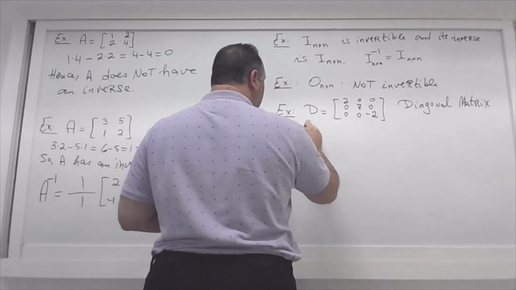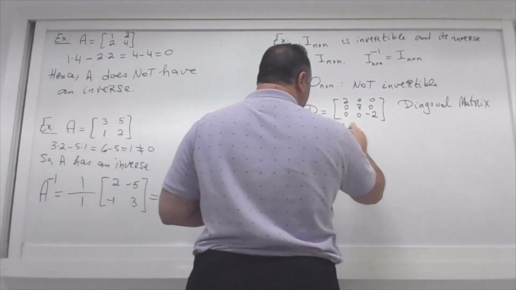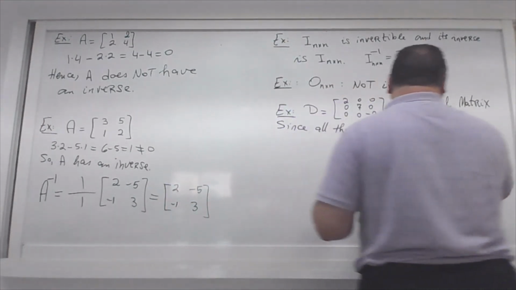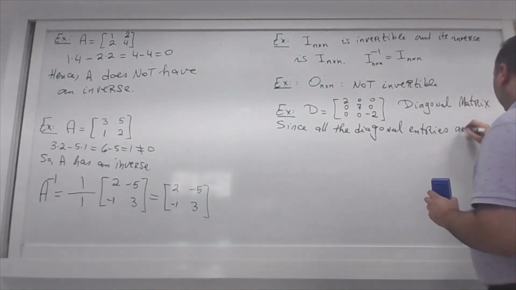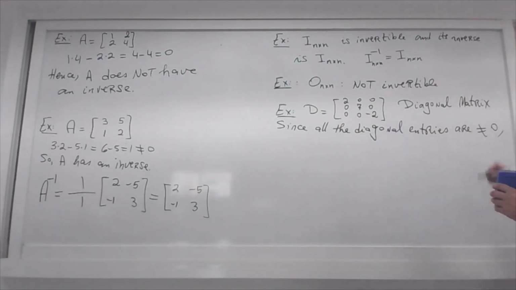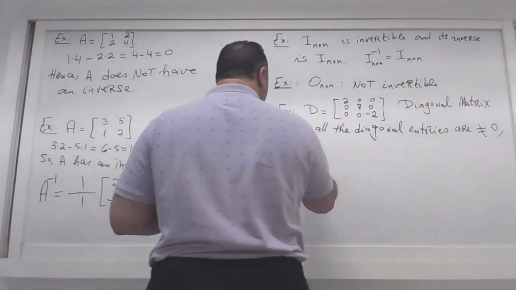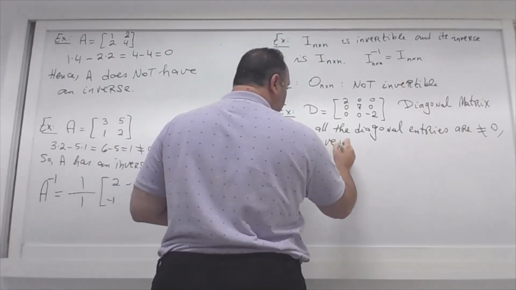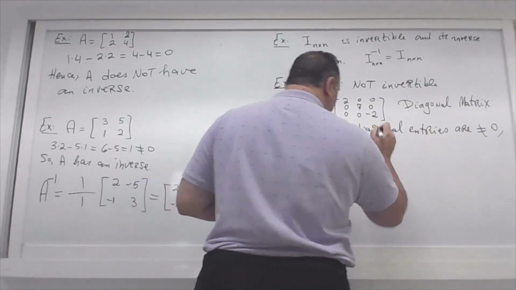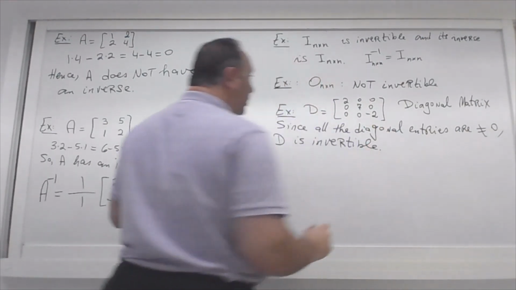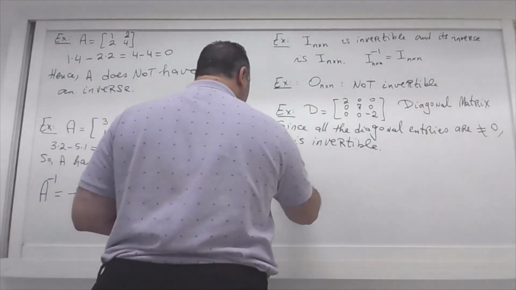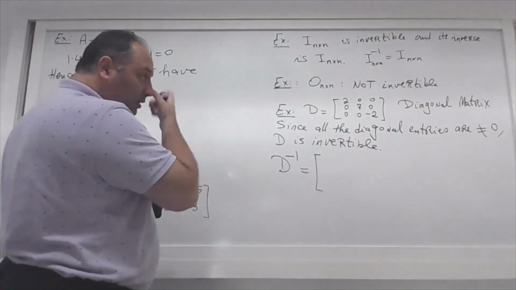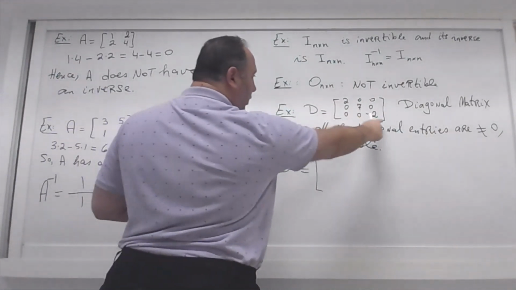So since all the diagonal entries are different from 0, D is invertible, this diagonal matrix. The good news is that we know how the inverse looks also. The inverse is simply a diagonal matrix that has on the diagonal 1 over the diagonal terms of D.